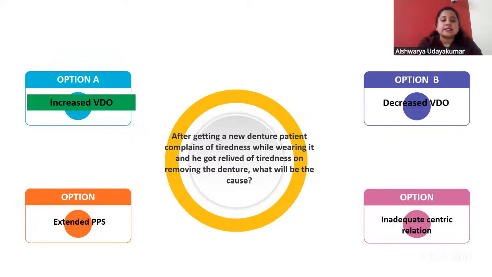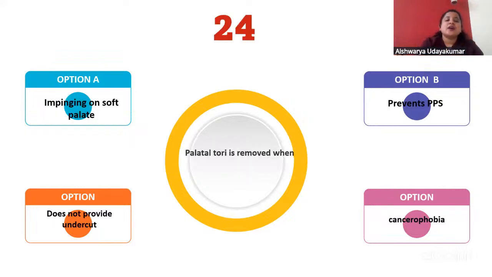So the answer is increased video. Now, palatal tori is removed when? What is a tori? Tori means a bulge or a strong bony protuberance seen in both maxilla and mandible.